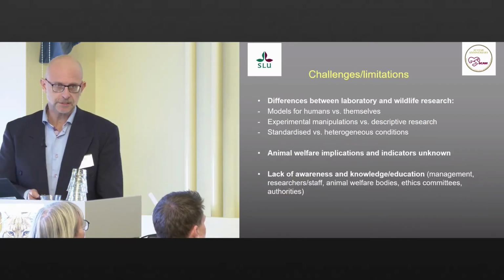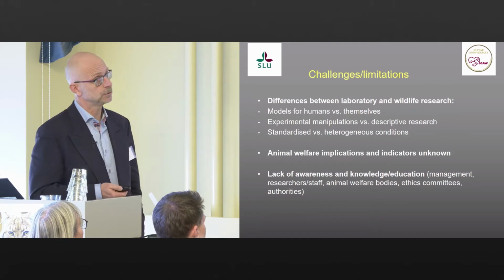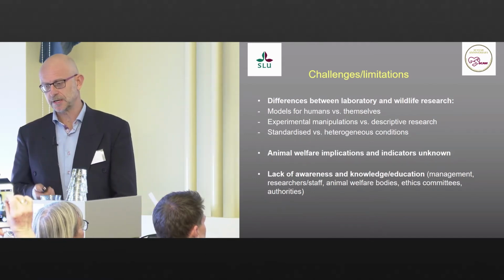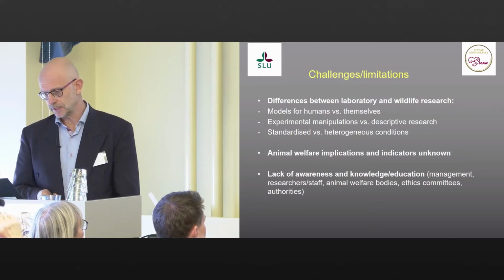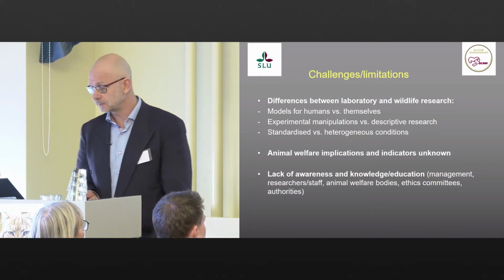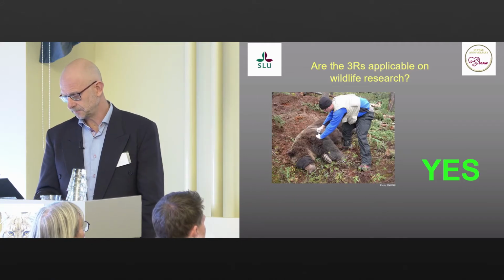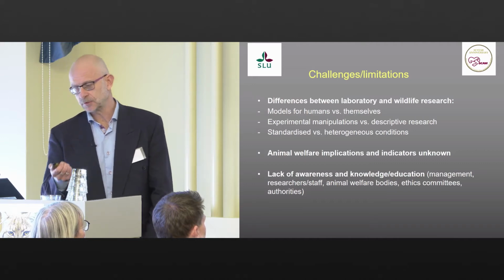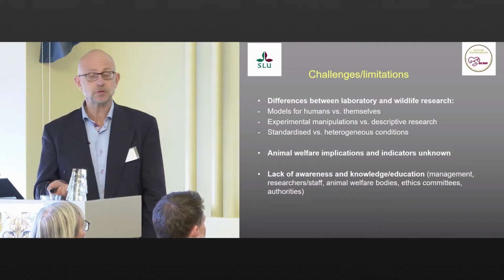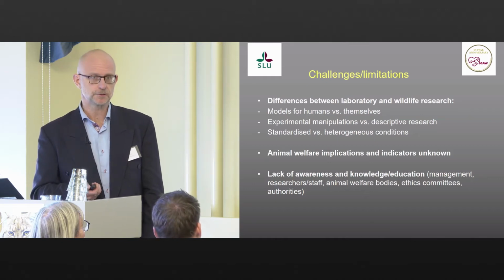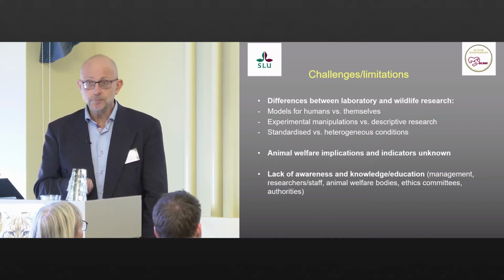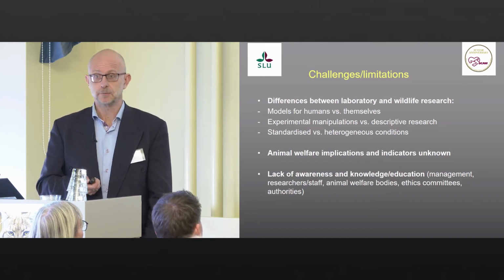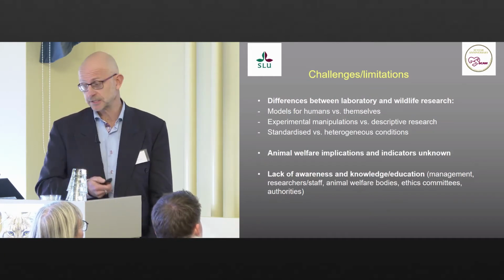Well, we'll start to look into some challenges and limitations when you look at the 3 R concept, and you see that there are a few differences between laboratory and wildlife research when it comes to species, research environment, purpose, and design. First of all, when you do research on traditional laboratory animals, they are often models for human physiology and pathology processes, while the wild animals are often the subject of the investigation themselves.